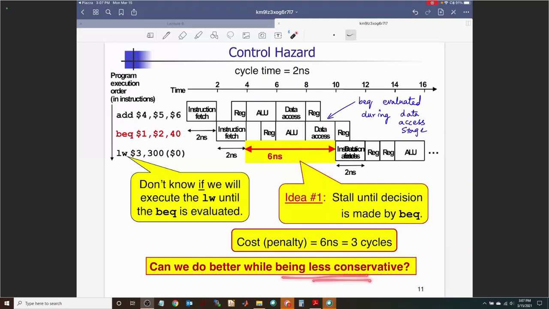For that, we may have to be less conservative. Meaning, you might be risking on working on maybe the correct instruction or maybe an incorrect instruction. So if you are incorrect, then you have to walk your way back.